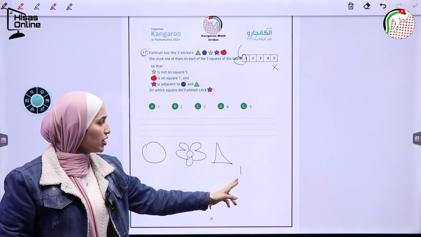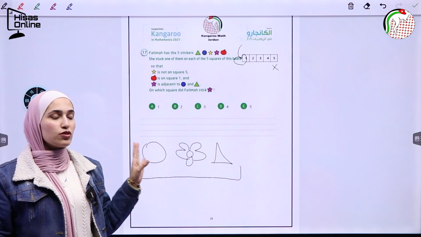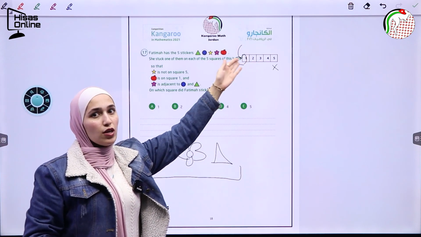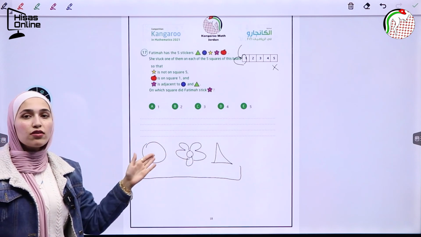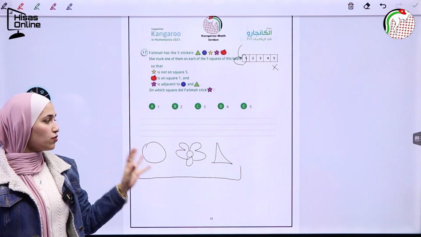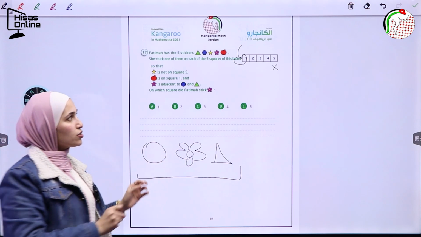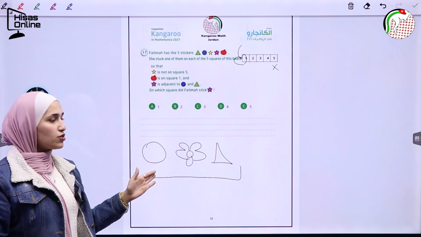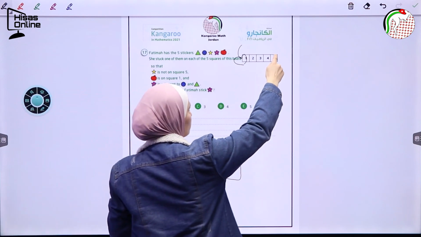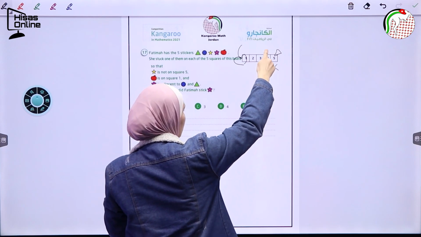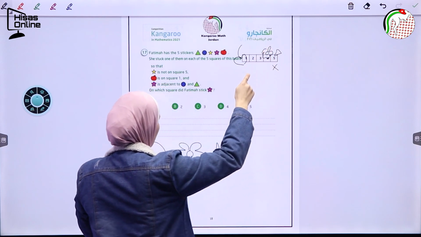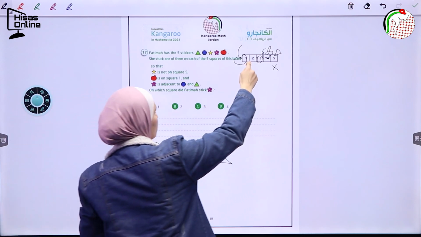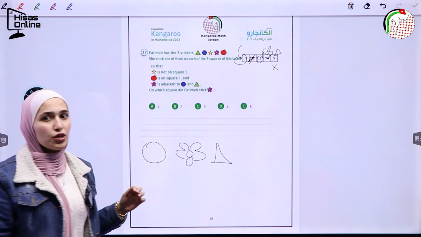So we need 3 squares next to each other to stick these on them. So if the star is not on 5, we can use the 5 to make 3 squares next to each other to stick these stickers on them. So 5, 4, 3, 3 squares next to each other. So let's try to write here triangle, and here the flower, and then here the circle, and at the end the star on 2.